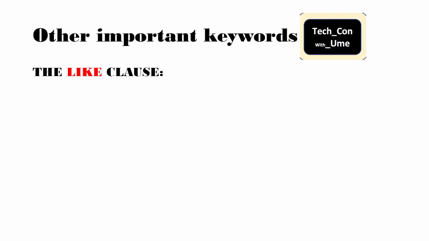In this video, we're going to be talking about other keywords that are important to use with our where clause. One being the like keyword. And our like keyword is used alongside what we call wildcards. So we're going to start with that, and then we're going to talk about some other keywords for sorting.